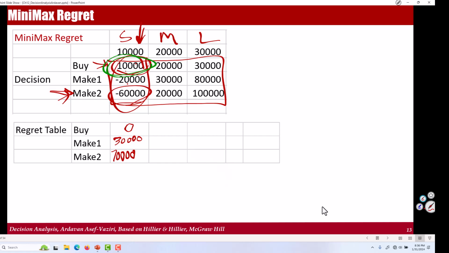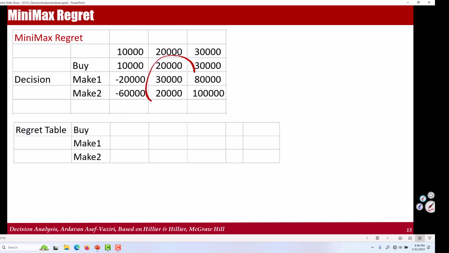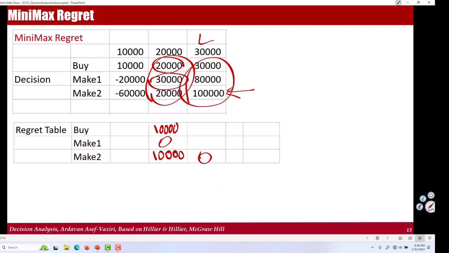For the second state of nature, medium market, we look at these three. The maximum of these three is this one, so regret for that one would be 0. For the first one, it is 30 minus 20, which is 10,000. And here again, 30 minus 20 is 10,000. If the state of nature is large, I have these three situations. The best one, the maximum, is this one, so regret for that one is 0.